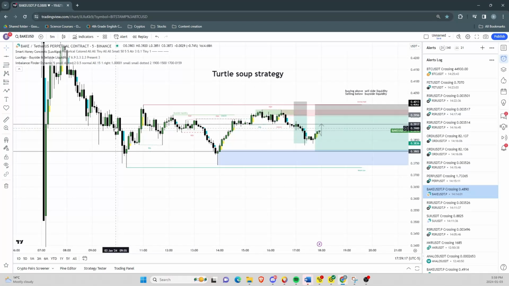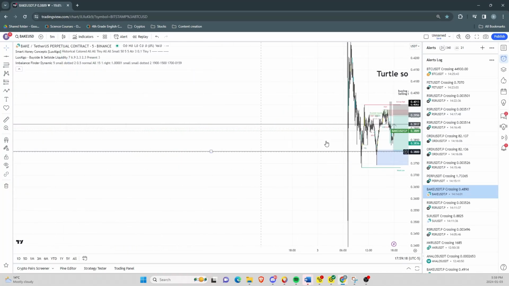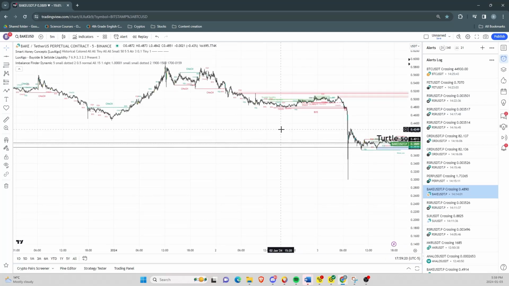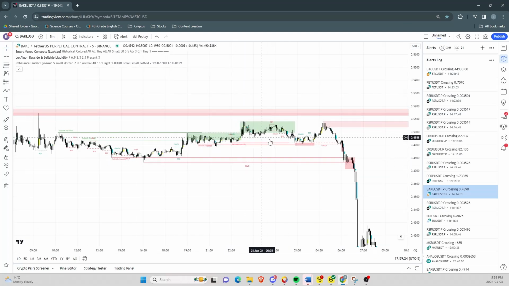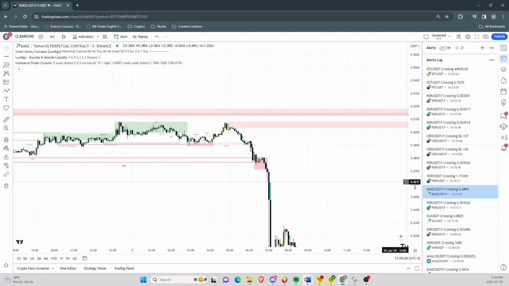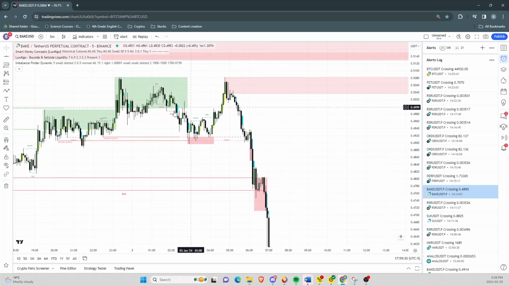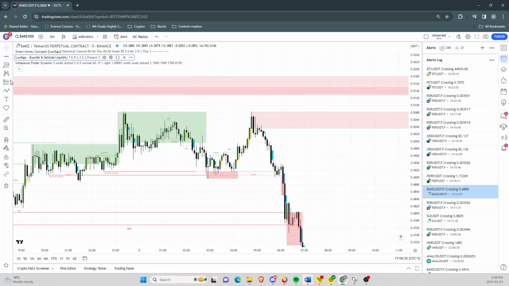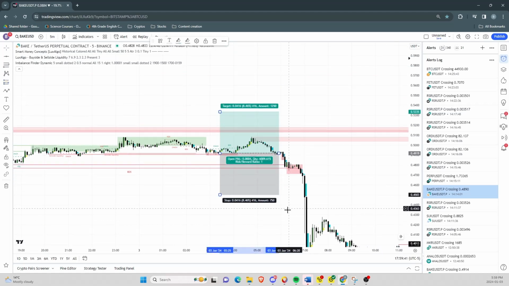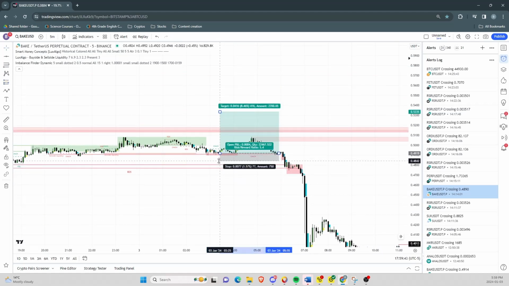So this is a 5-minute chart. Let's go somewhere else. So here, let's trade this range. So here you have sell side liquidity, and then the sell side liquidity is taken, and in this range, you don't have any fair value gaps, so those are already filled. So which one do you target? So here, the liquidity is taken. You take a long position, and your stop loss is below the previous low.